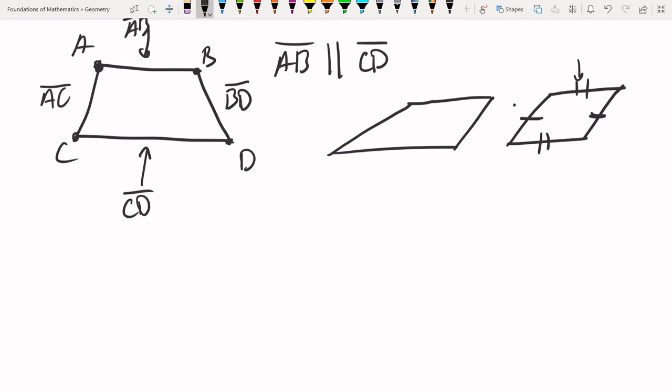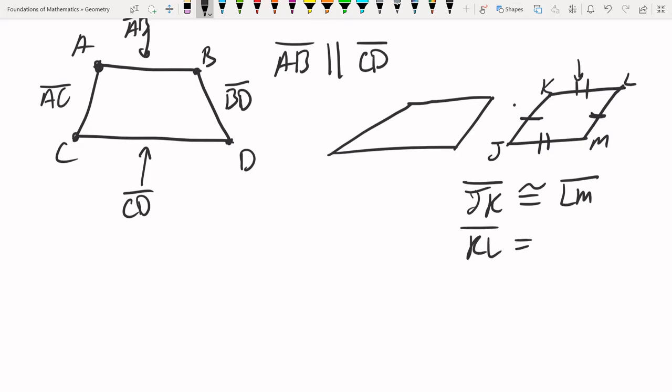So let's name this J, K, L, and M. The line segment JK is congruent to the line segment LM. The same thing is true about KL being congruent to JM. That's what a parallelogram's features are.